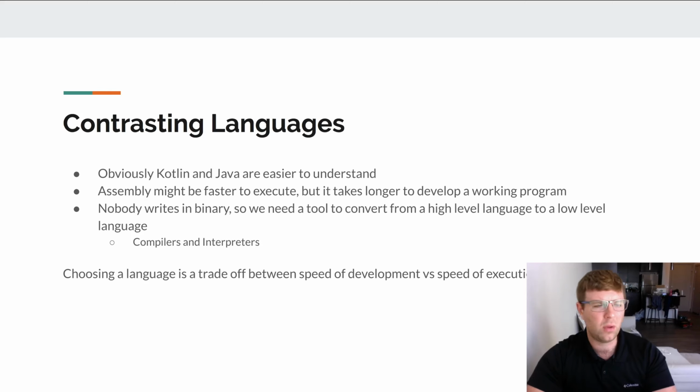But in general, people avoid that. They write it in Java or Kotlin or whatever and use a tool called a compiler to convert from that high-level language into the lower-level languages like assembly or binary. So choosing that language is always a trade-off between speed of development versus speed of execution.